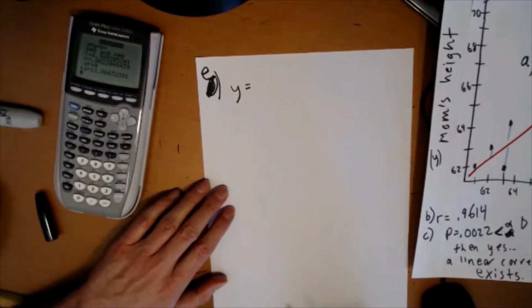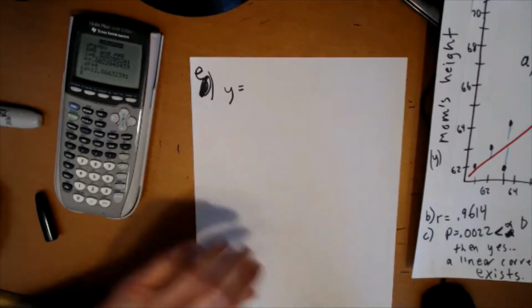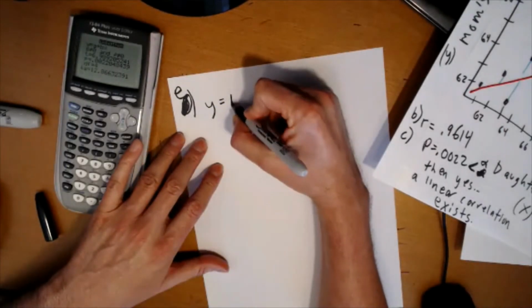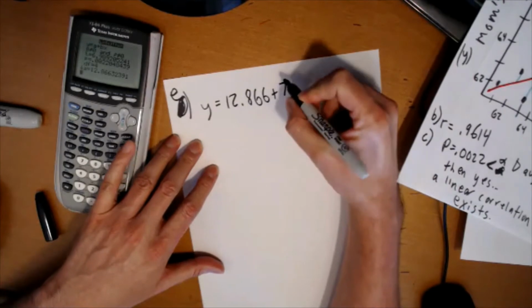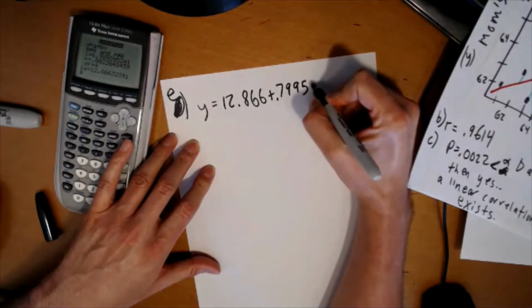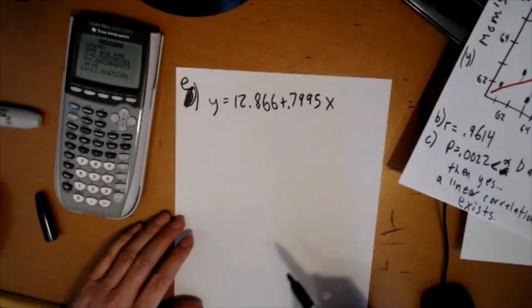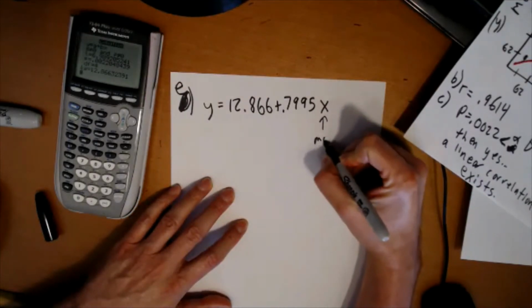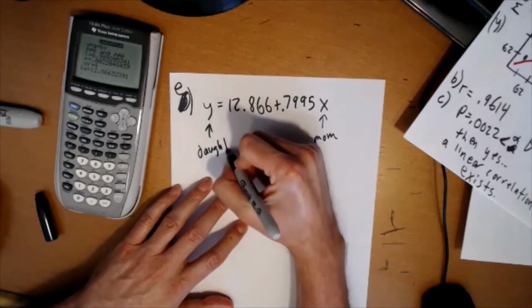E. If a mother is 64 inches tall, predict how tall the daughter will be. So that's where our least squares regression line comes in handy. Y is equal to 12.866 plus 0.7995x. Remember when we set things up in terms of x and y, x is mother's height, and y is daughter's height.